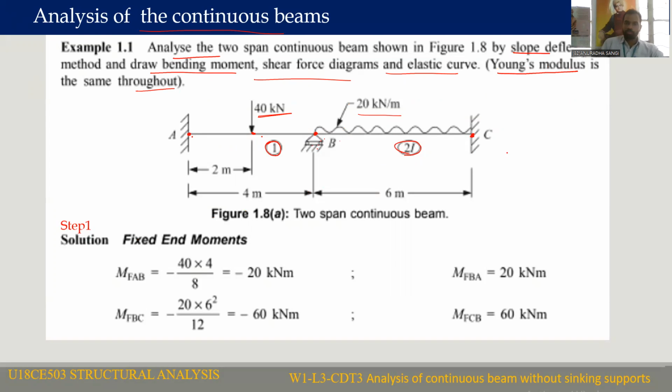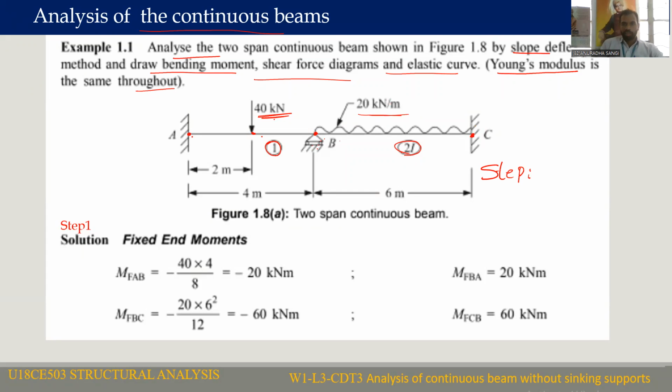We want to solve this problem by using the slope deflection method of analysis. The first thing we need to do is observe the type of load. We have two types of loads, a point load and a uniformly distributed load.